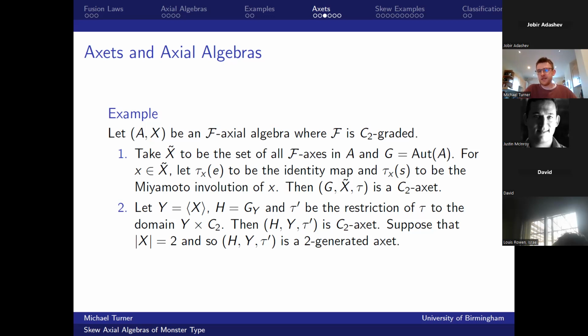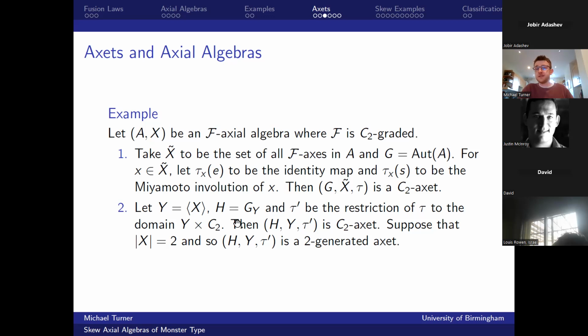However, looking at all F-axes in our axial algebra is quite a hard task for some algebras. Sometimes there's infinitely many, and sometimes we don't actually know how many axes there are. So it'd be useful to start with our generating set rather than looking at everything. So the second example says, let's start with our generating set X, and let's make Y the closure of X. So just keep applying the tau maps until no new elements pop up.